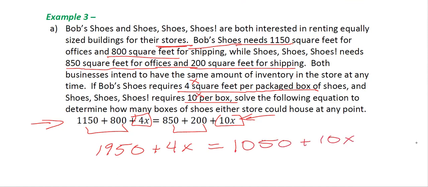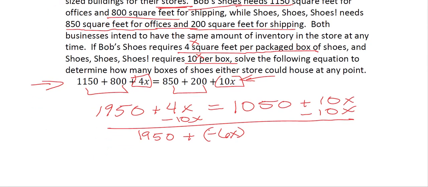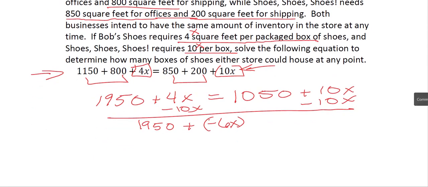Now let's get all of our variables on one side and constants on the other. So I'm going to subtract the 10x from both sides. And I got 1,950 plus, it's not a plus because it's a negative, right? So it's a negative 6x. Because if you only have $4 and you spent 10, you got a negative, right? And that's equal to the 1,050. Let's subtract the 1,950 from both sides.